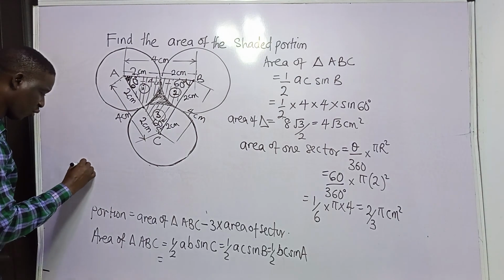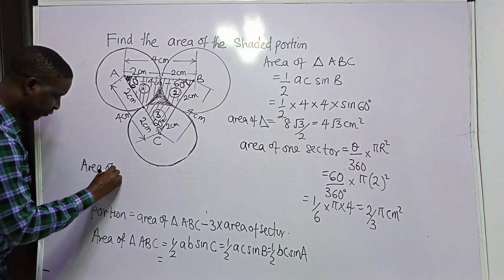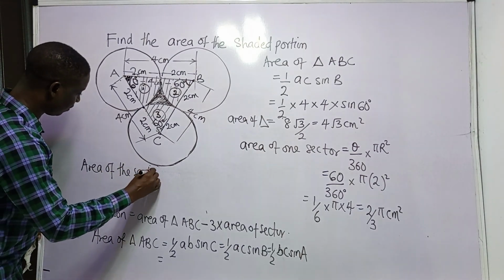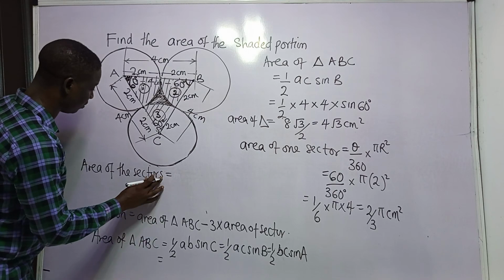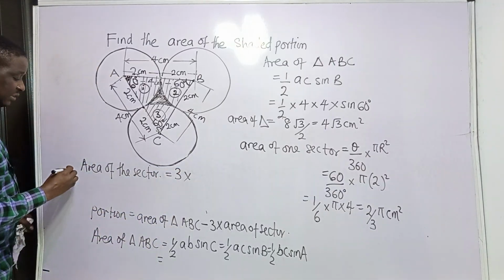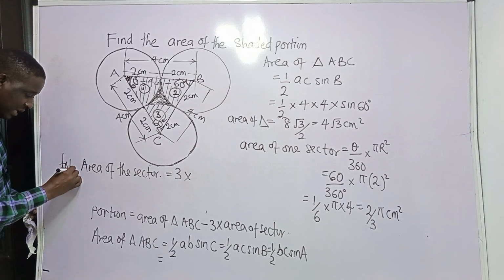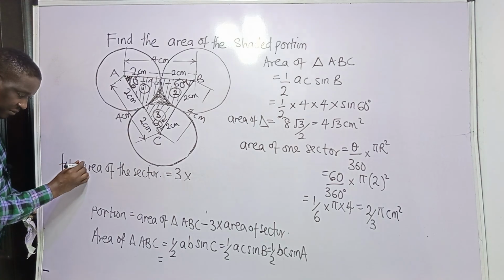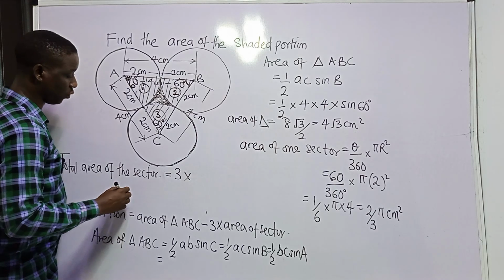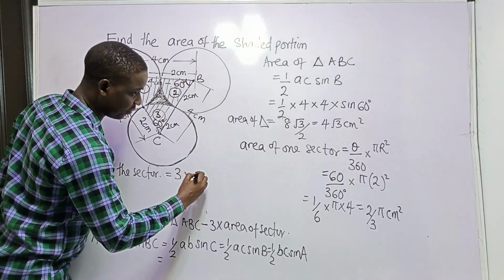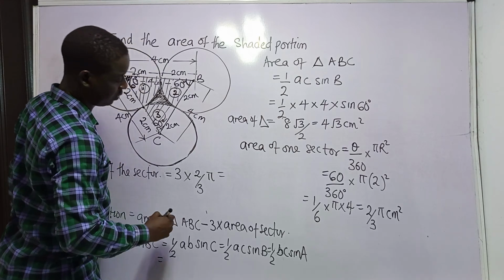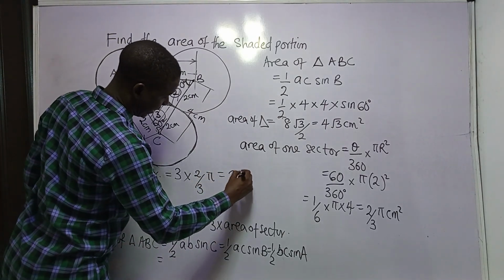So the area of the sectors will now be, the full sector will now be 3 times the total. Total area of the sectors is 3 times 2 over 3 pi. What do we have now? We are going to have 2 pi.